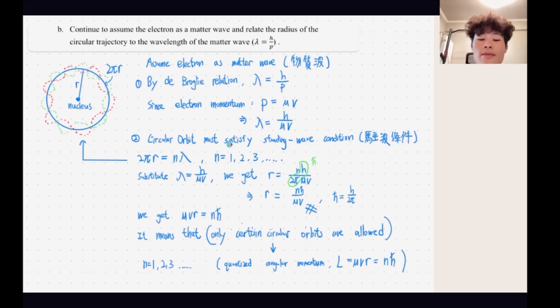And n is a positive integer. This actually means that the angular momentum is quantized, so only certain circular orbits are allowed for the electron to travel. And this is question B.